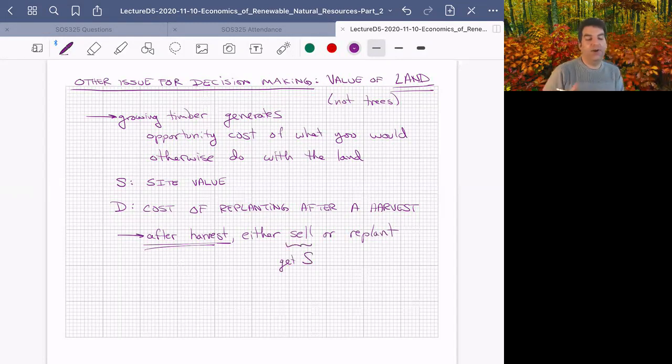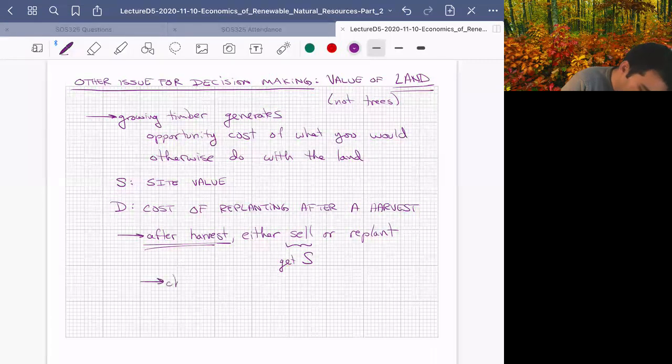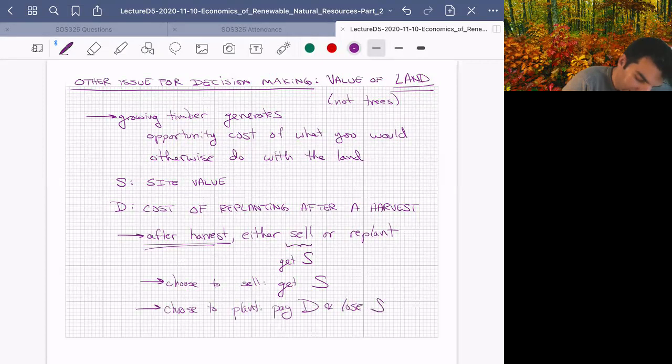Or if you wait and harvest next year, then you can replant at that cost D. If you choose to replant, you're going to have to pay the D. But if you sell, you get the S. So if you choose to sell, then you get S. Choose to plant, then you pay D and lose S.